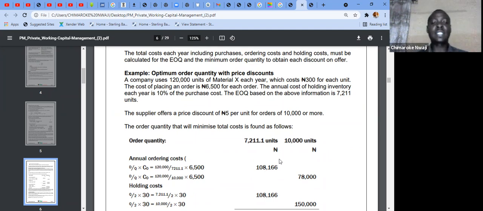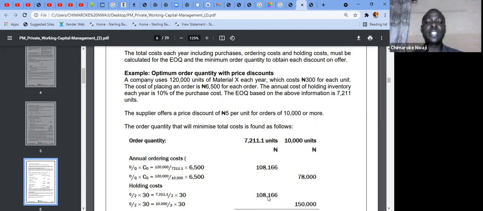Let's look at the discount, the bulk purchase. Since you are ordering 10,000 units each time, if you divide 120,000 by 10,000, that will give you 12 units, 12 orders in a year. 12 orders multiplied by 6,500 per order gives you 78,000.